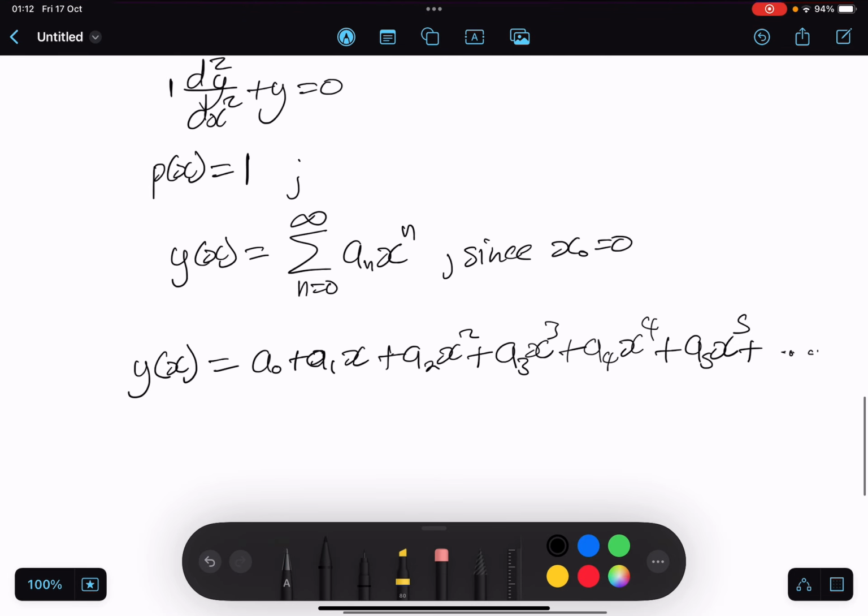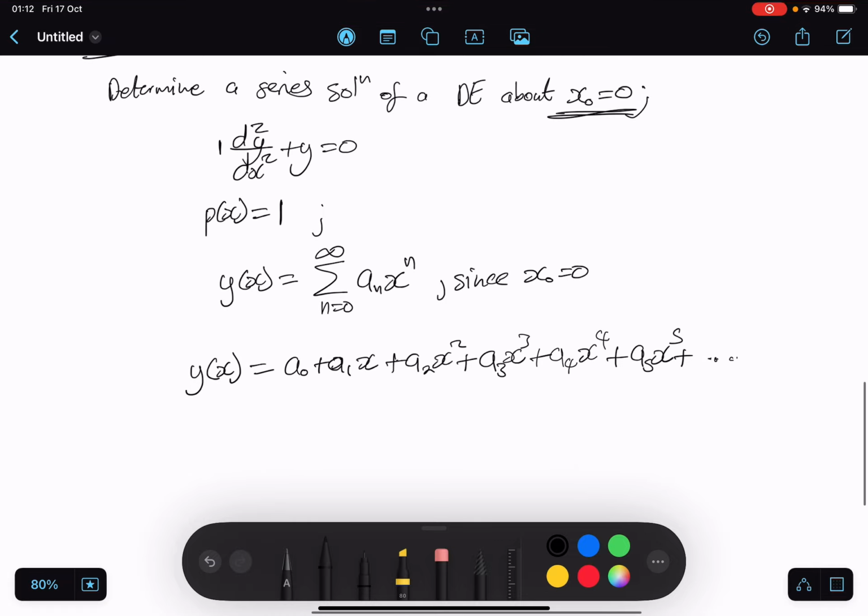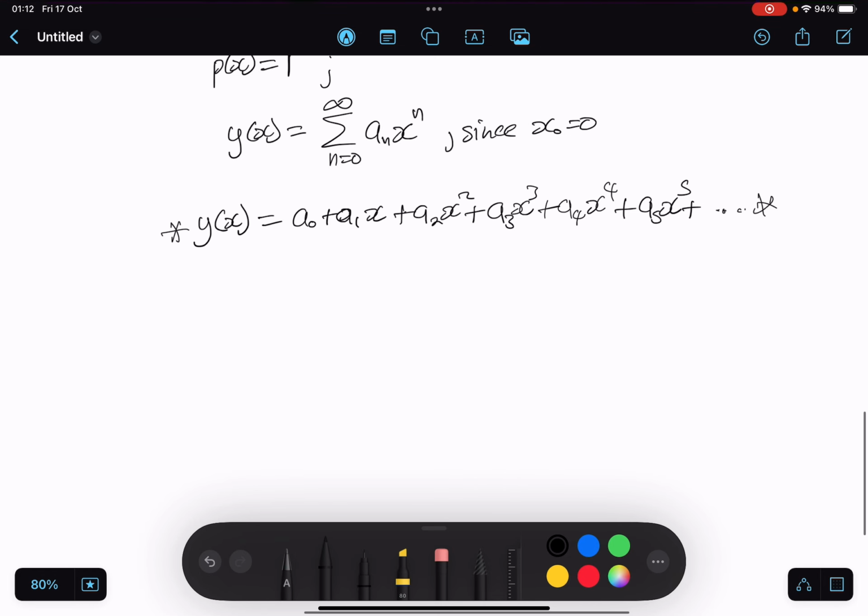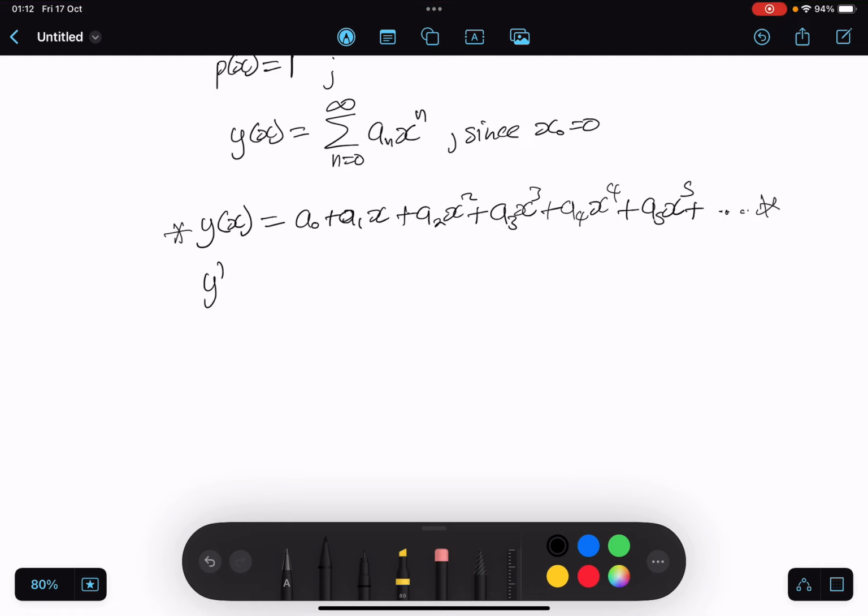And then in order for me to determine the series solution for this equation, I'm going to differentiate this expression twice, and then substitute in the differential equation that I'm given, and then solve and simplify.